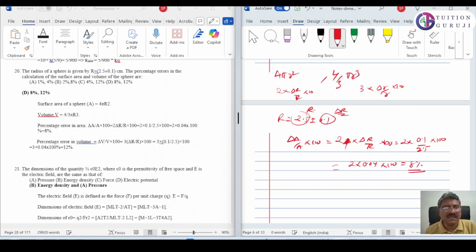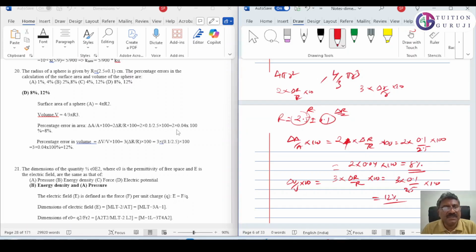Okay. So in the second case, percentage in volume, delta v by v into 100, which will give 3 into delta r by r into 100, which will give 3 into 0.1 by 2.5 into 100, which will give 12%. So the answer is 8% and 12%. D is the answer.